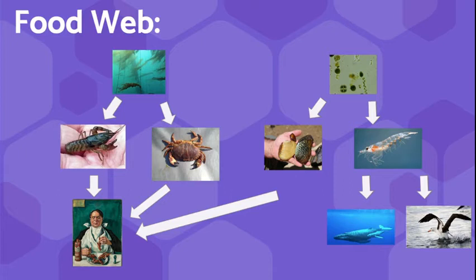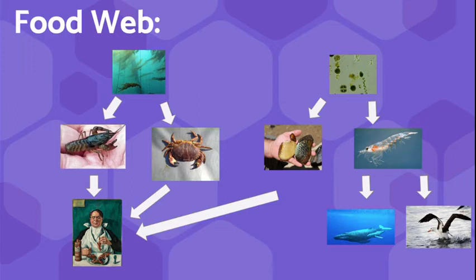In a food web, we know that these are overlapping food chains. So a crayfish is not the only thing that eats the seaweed. Crabs also eat seaweed. That is illustrated with the arrows. We have seaweed as a producer, crab as primary consumer, human as secondary consumer.